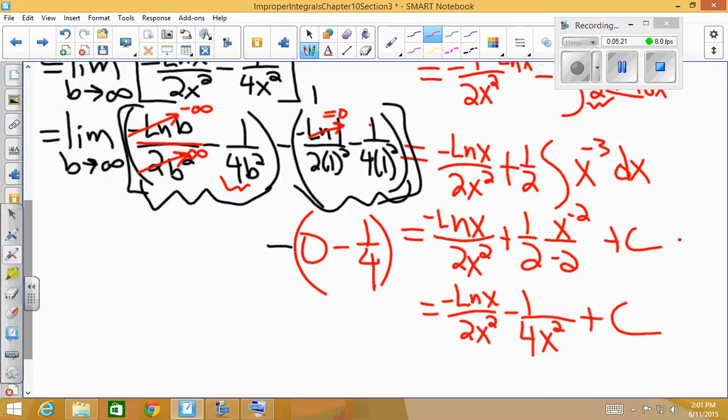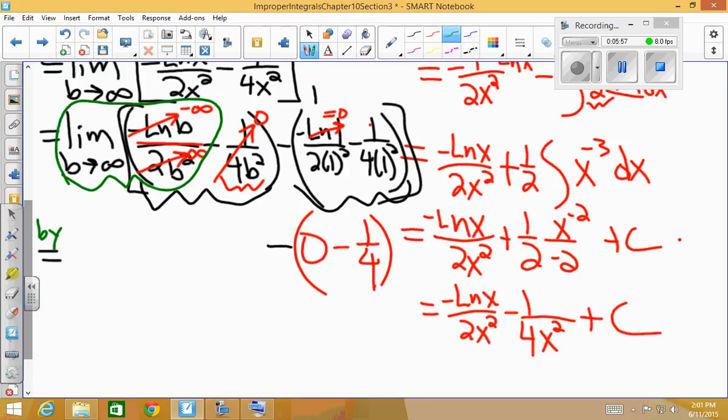For the second term of this part, b is going to infinity, b squared goes to infinity, 4 times b squared goes to infinity. 1 over 4b squared goes to 0. The denominator is getting larger and larger, so the numerator divided by the denominator gets smaller and smaller. So the only thing left to do is to really evaluate this first indeterminate form part. We can do that using L'Hopital's rule.